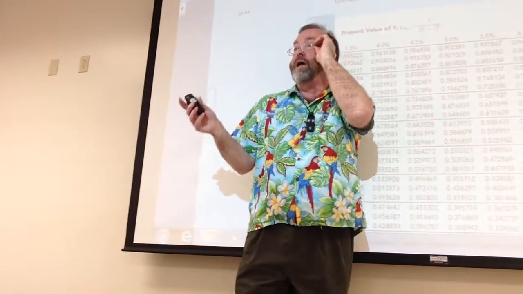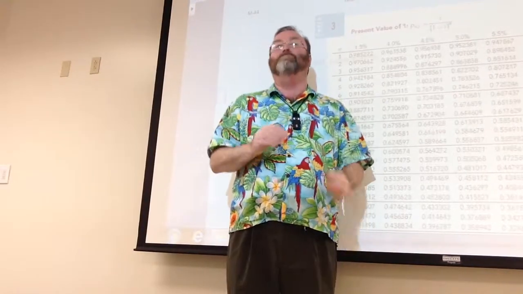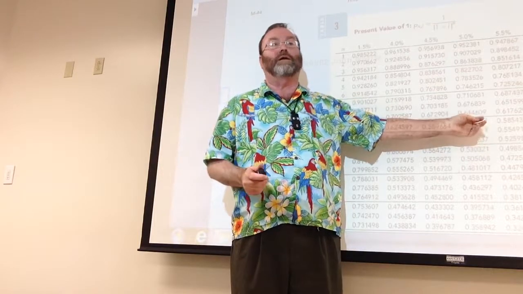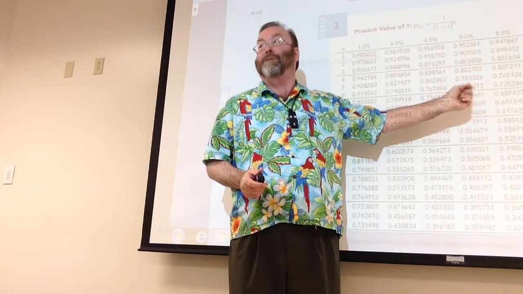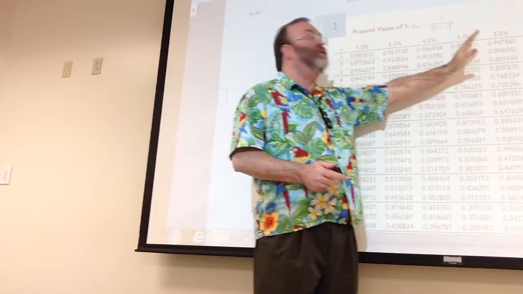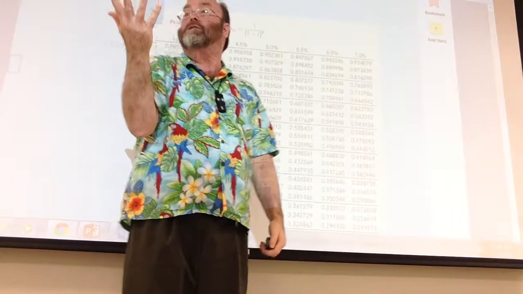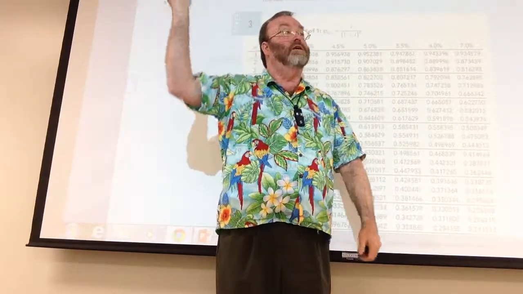Go to table number 3, which is the present value of $1. Now, has everybody realized by now that table 4 is merely a summation of table 3? Apparently not. All table 4 is doing is adding up these factors. Because what is this annuity? It's $6,000 over the next 5 years, paid twice a year.